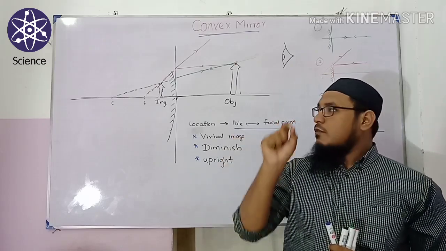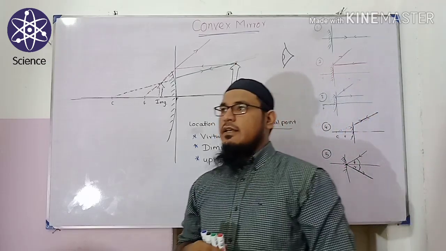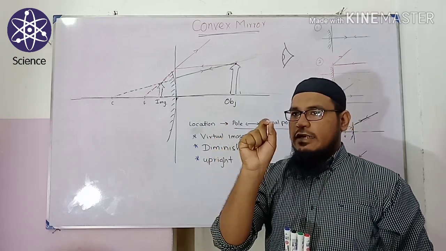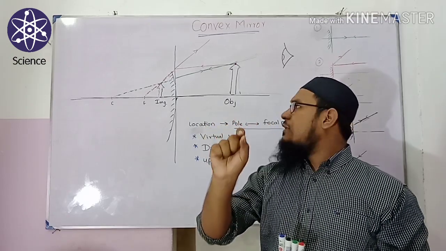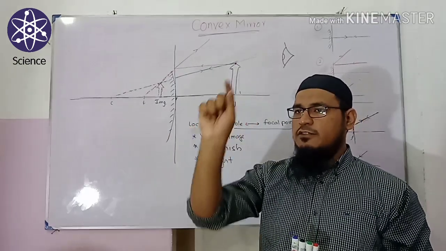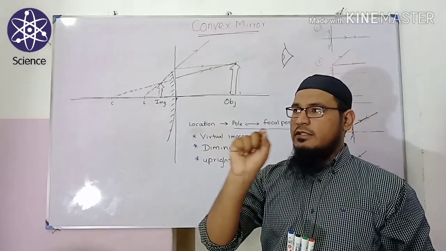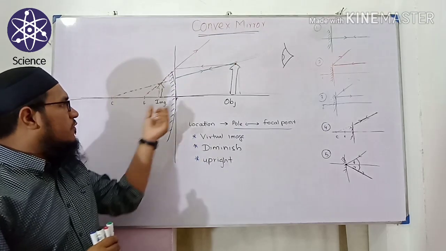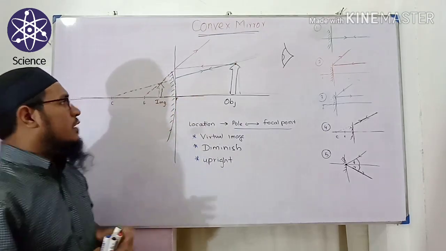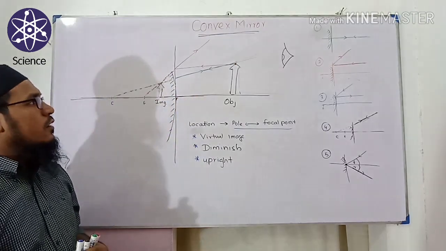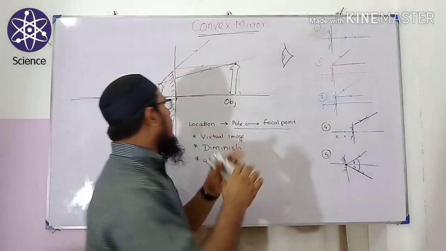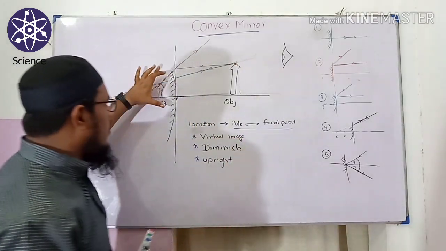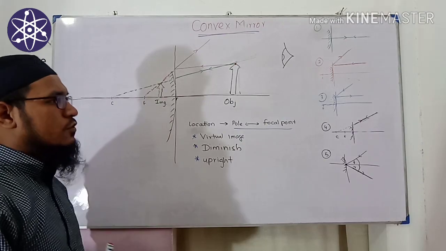Sometimes you might have noticed that on a mirror, it is written that the image formed in this mirror is closer than the real object. So because of these principles, a large area can be covered within a small mirror, therefore this mirror is used.